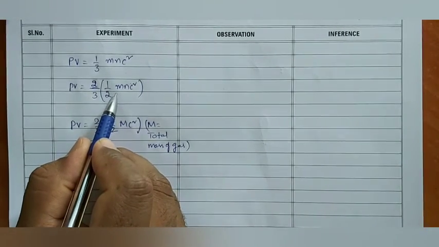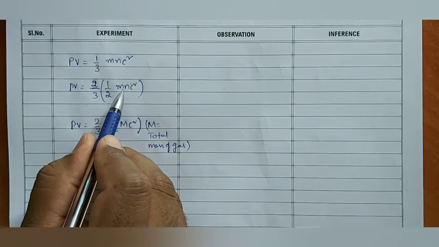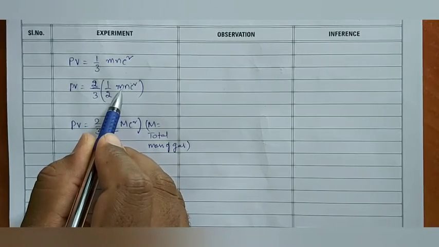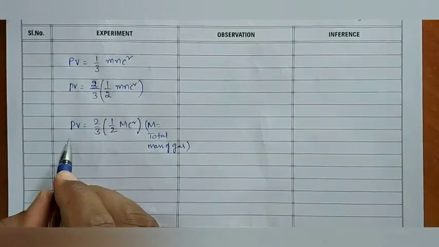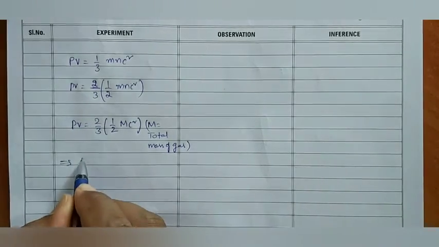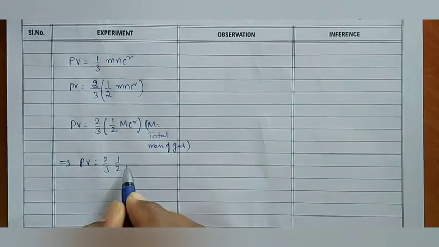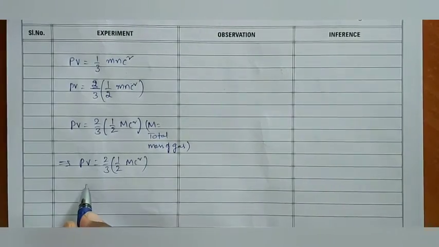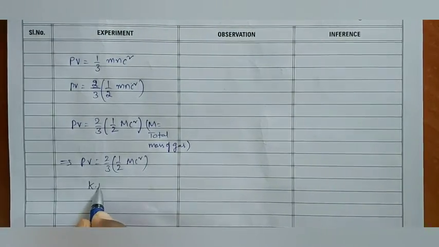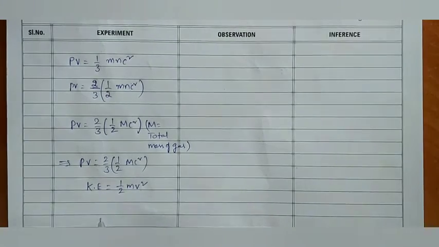Small m is mass of one particle, one molecule. N is number of molecules. When we multiply both of them, you will get mass of gas, total mass of gas. So this equation will become PV is equal to 2 by 3 into 1 by 2 into Mc square. We know that kinetic energy is equal to half mc square.